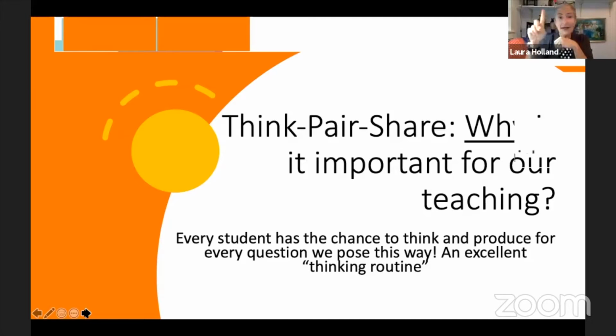But rather than having one person or two or three people answering the question, this way, everybody produces something. And it's just an incredibly simple, effective technique that takes no extra technology. Okay, you could just incorporate this. I use Think, Pair, Share in my classes every single day, many, many, many times.